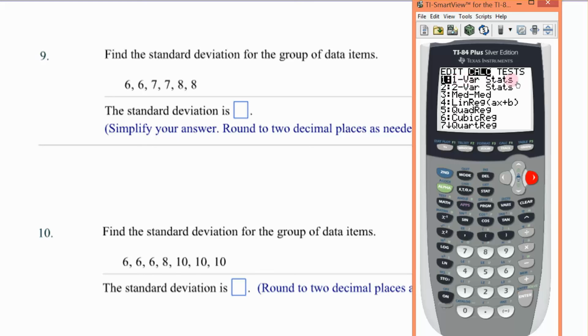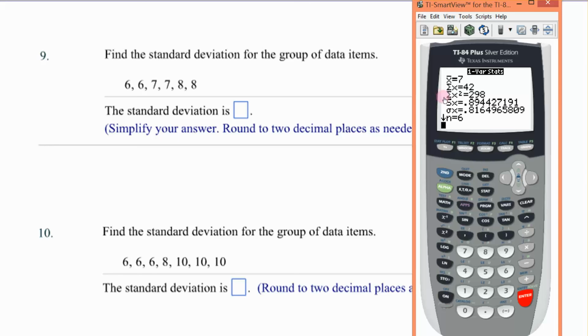I want the one variable statistics. I am using L1, so you can just go down till Calculate is highlighted, hit Enter. The standard deviation, and it says round to 2 decimal places.